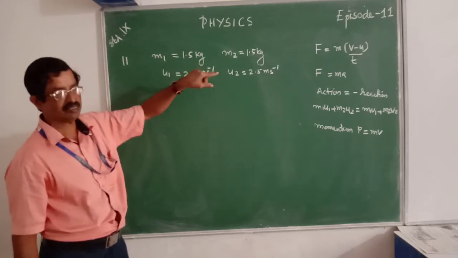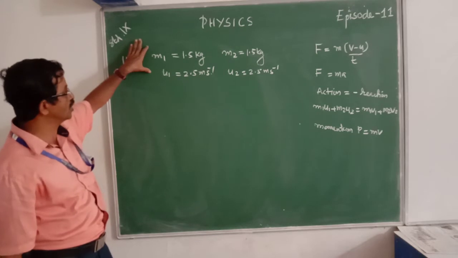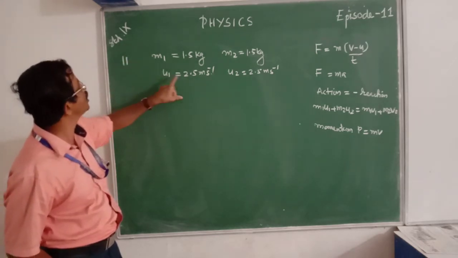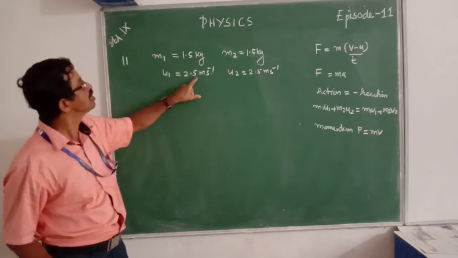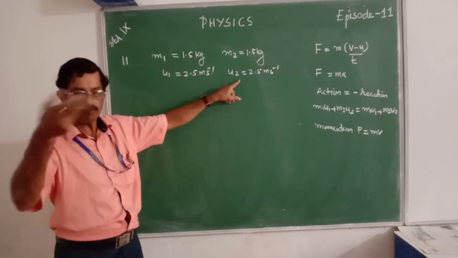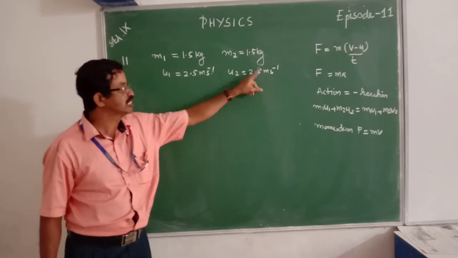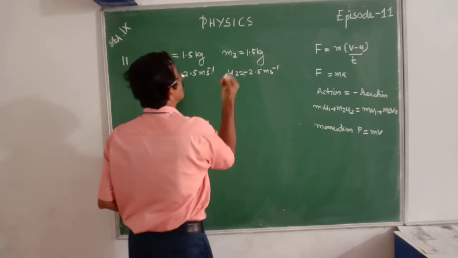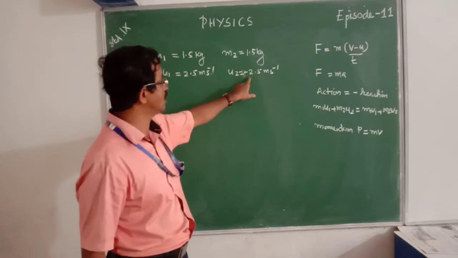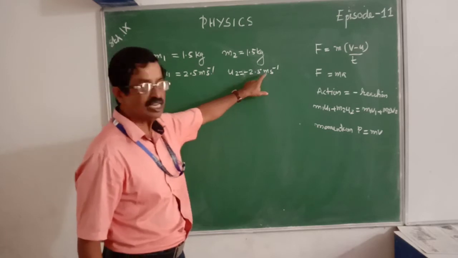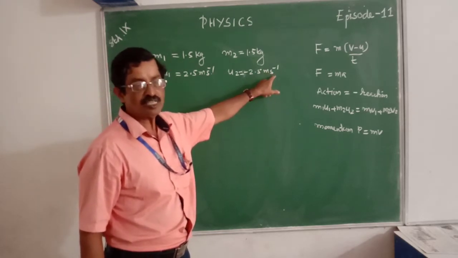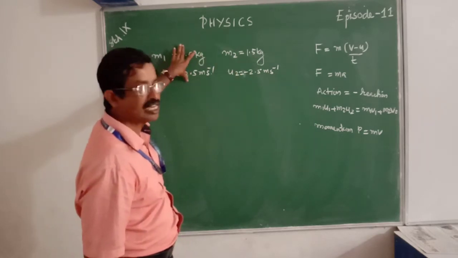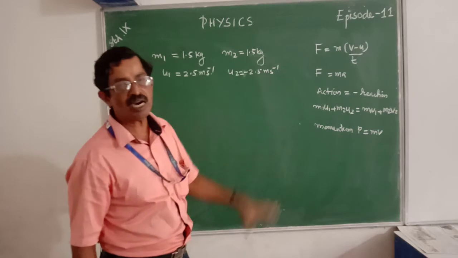They are moving together. Let this first object be moving from left to right. Then its velocity u1 is positive. And the second object from the opposite direction is moving from right to left, so that will be negative. So the velocity of the second one, u2, is negative. Now first of all we can find out the momentum before collision, then the momentum after collision.